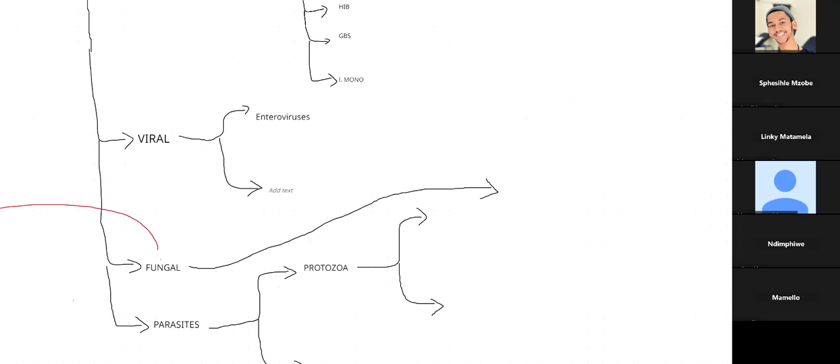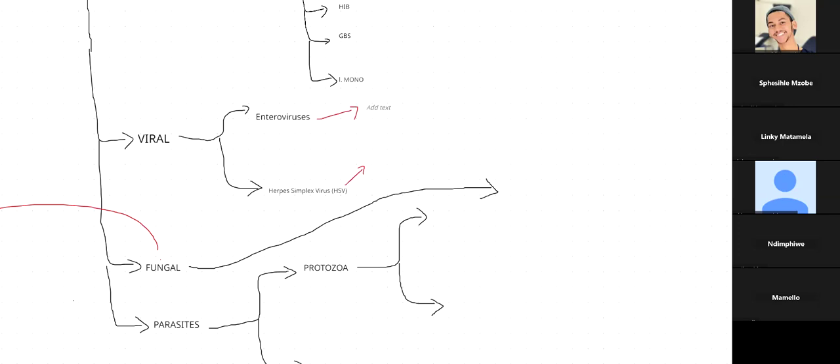Now the enteroviruses are very common amongst children. If you want to speak about risk factors for both, I'm just going to put here children.